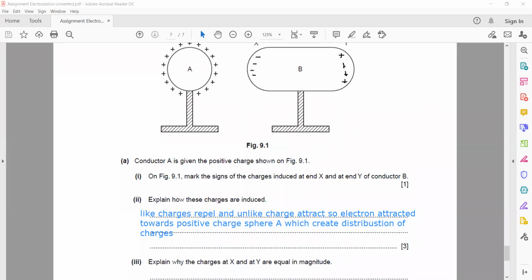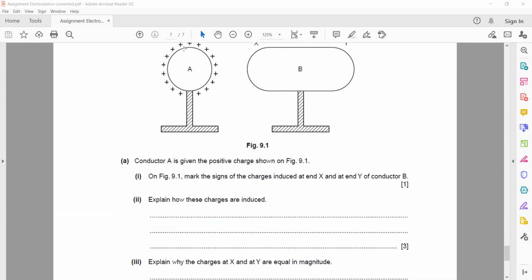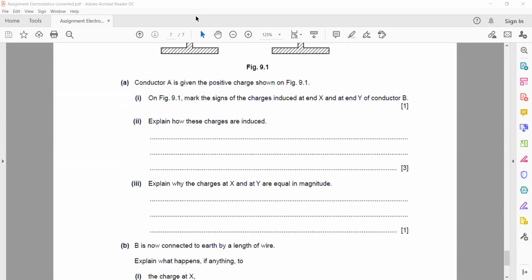There is no loss or gain of electrons from another material. If this was an atom, with electrons revolving around the nucleus, as these electrons move towards one side, this creates a positive charge, an ion, on the other side. So you will mention why X and Y are equal in magnitude: because the metal was originally neutral.